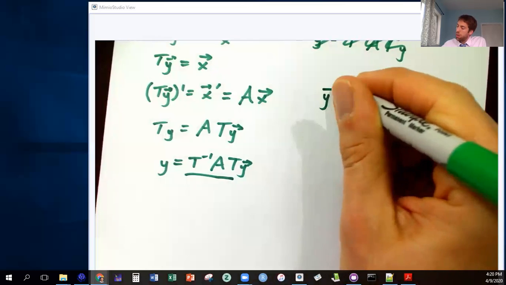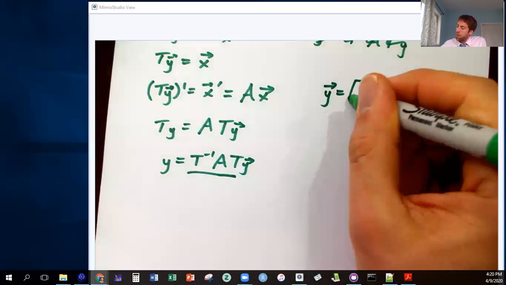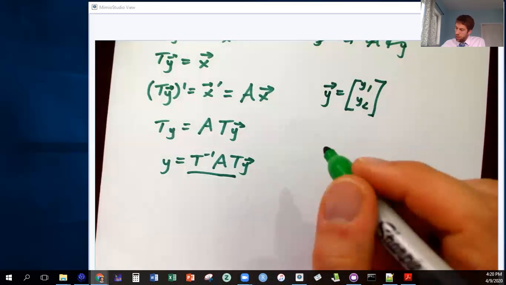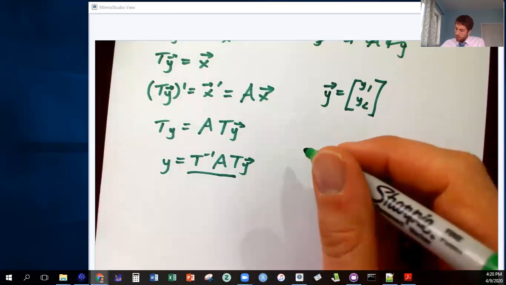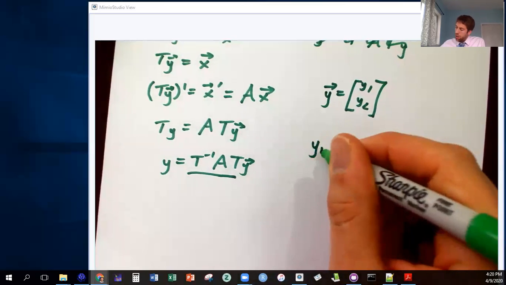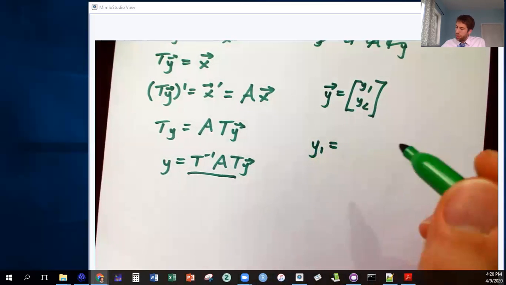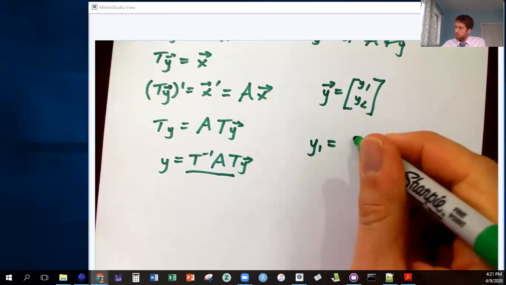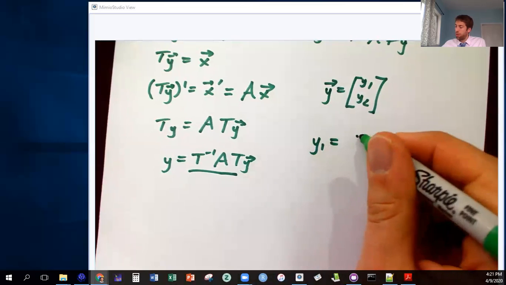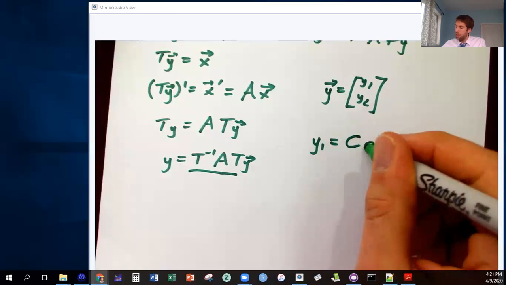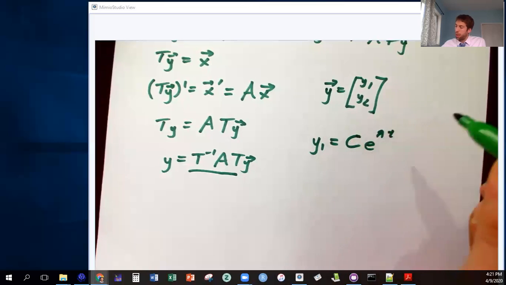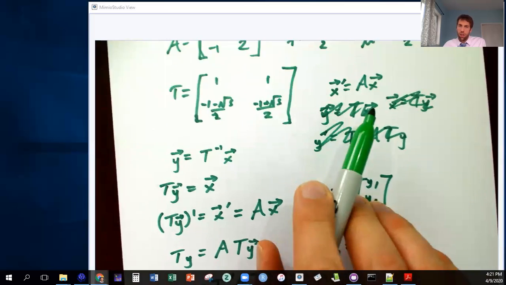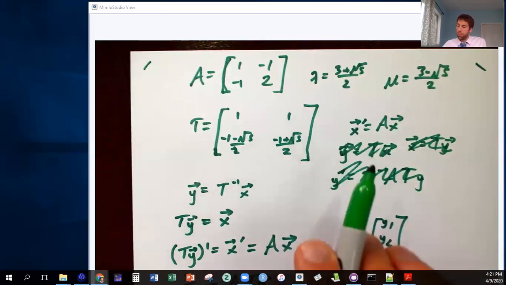We know that y as a vector, think of it as y1, y2. Solving for y1, the general solution would be c times e to the lambda t, where lambda is that eigenvalue. I'm just too lazy to write it down because it's big.